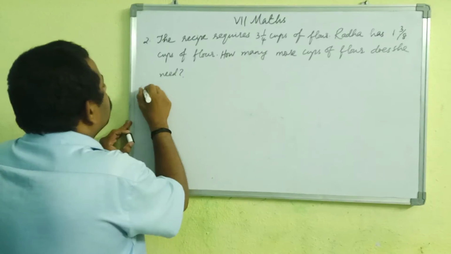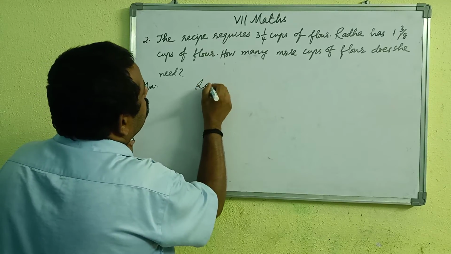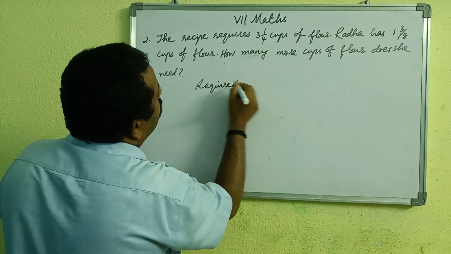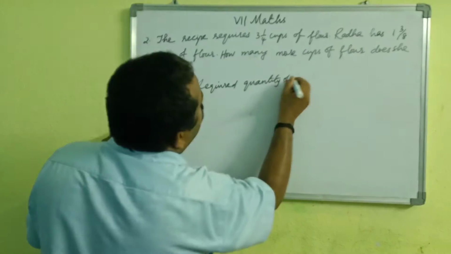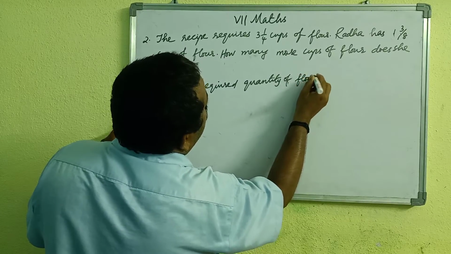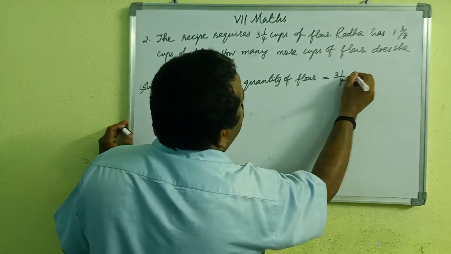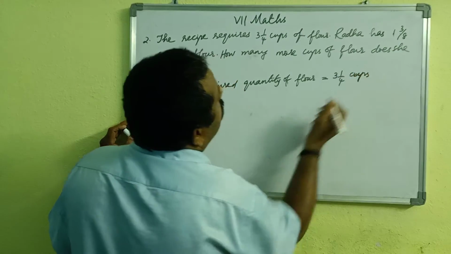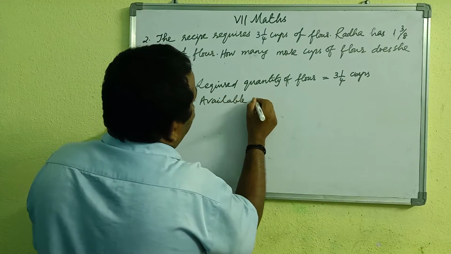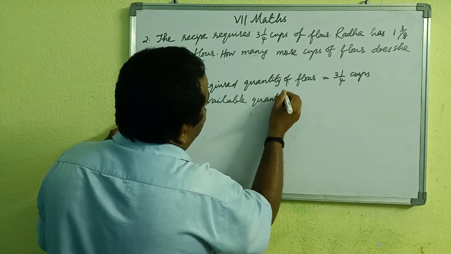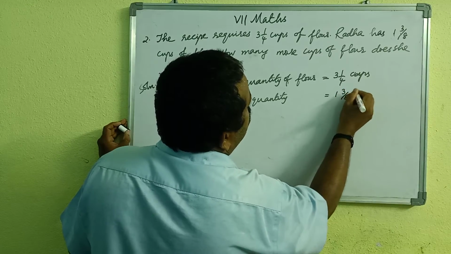So, required quantity of flour: 3 1/4 cups. Available quantity means the quantity that Radha has: 1 3/8 cups.